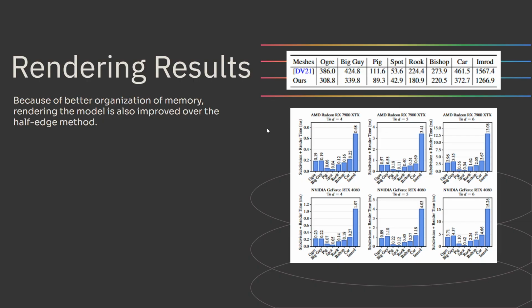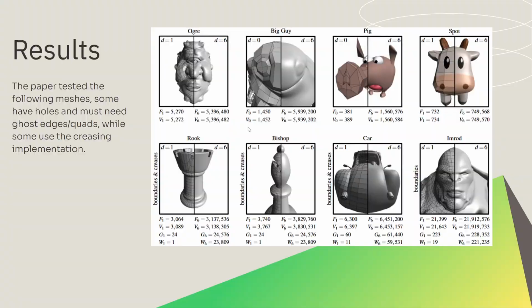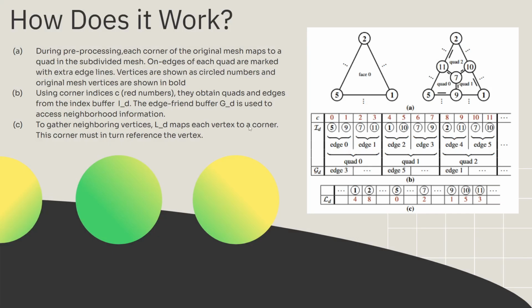Rendering's a bit of a more interesting story, because I mentioned how they are storing, let me just go back. One reason they are storing the data structure like this is so that they can interweave the information, and when this information is given to the GPU, it is all present within the same location. One problem with subdivision using half-edge data structures is typically new edges, new vertices, and such are added to the back of said data structure.